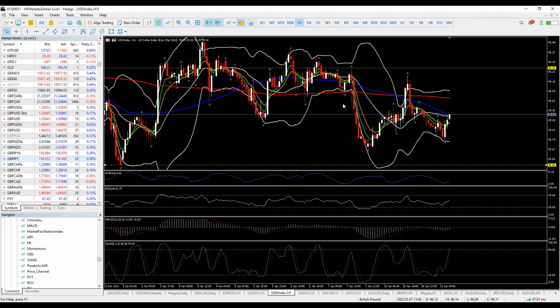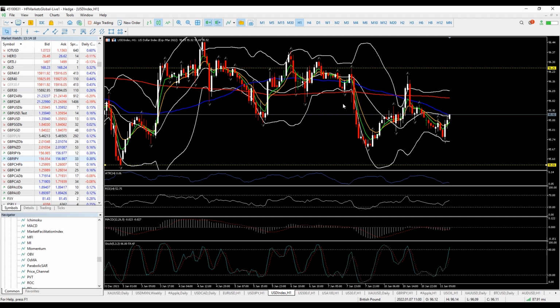So every extreme move, every extreme sell-off or rally, the asset tends to turn back to the average value.